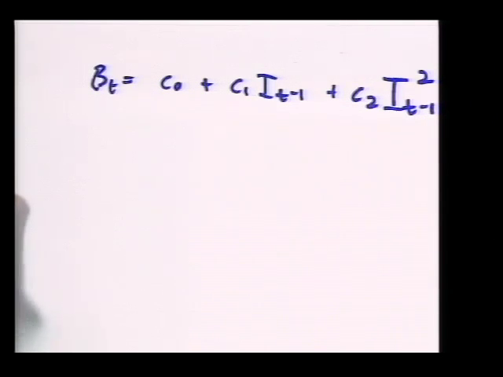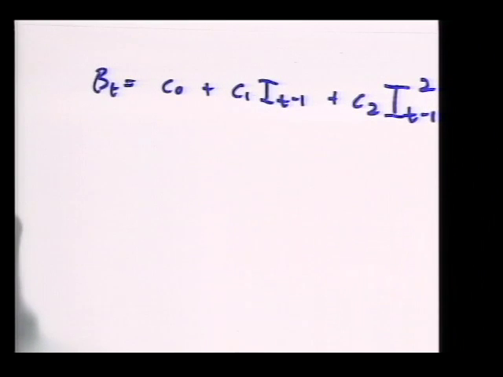There actually could be a logic for doing this, because the square is often associated with the volatility. So it's a crude proxy for the volatility. So we're saying, well, the beta is going to change with the level of the interest rate, and is also going to be affected by the volatility of the interest rate.